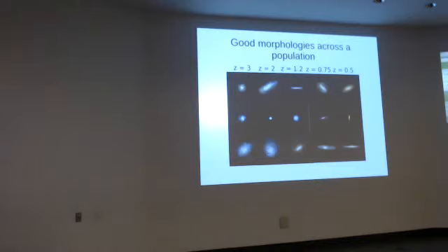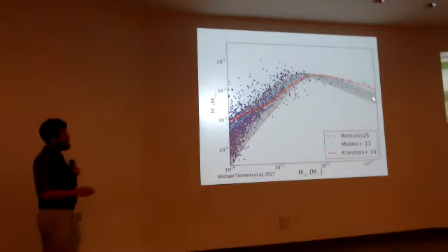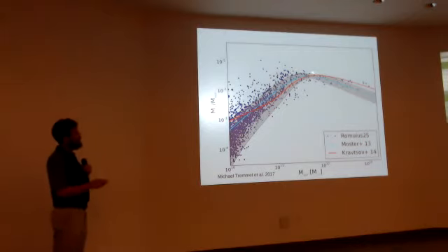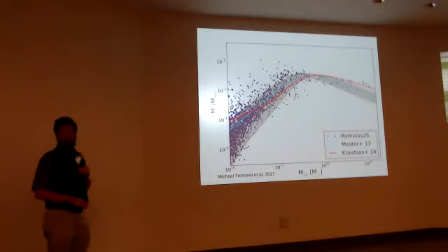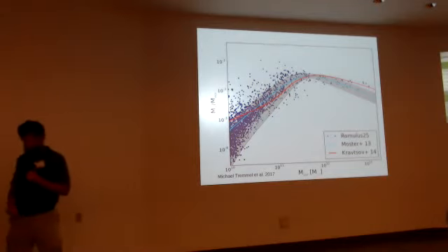And if we look at how they fall on this stellar mass halo mass relationship, we get actually quite a good agreement at the high mass end, all the way up to group scale, 10^13 solar mass halos. So we're quite pleased with that.